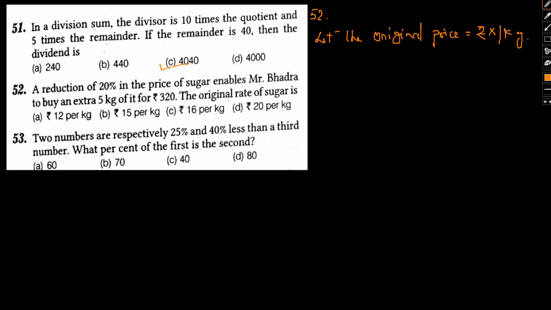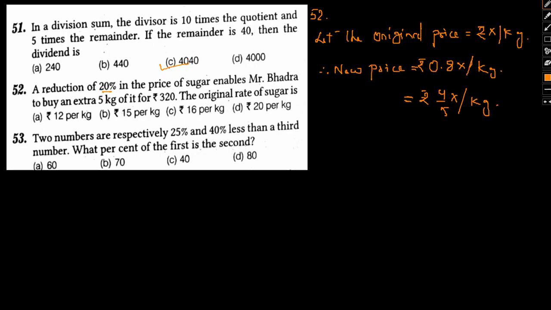Okay, so therefore the reduction is 20%, right? So therefore the new price will be 80% of x, that is 0.8x rupees per kg. Okay, or we can write this as 4 by 5 x rupees per kg. Okay, so this is what we have.